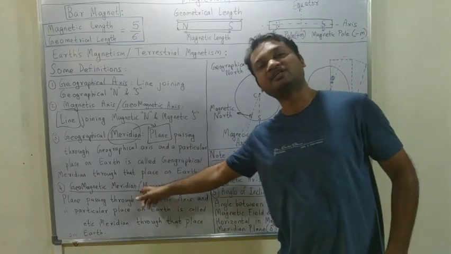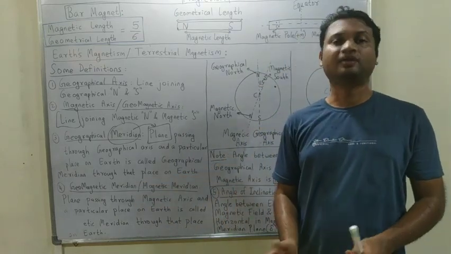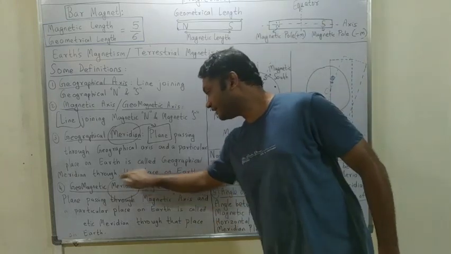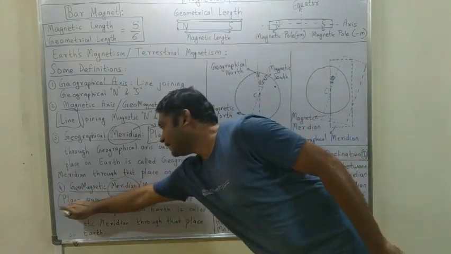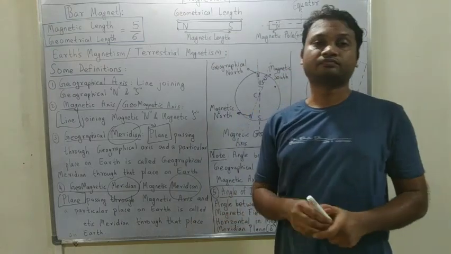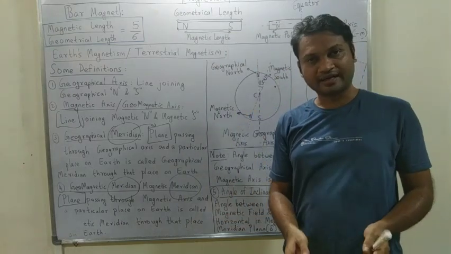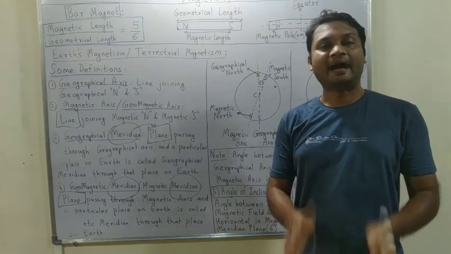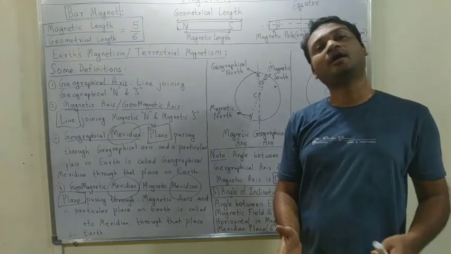Then coming to the next definition, magnetic meridian or geomagnetic meridian. Again, when we say meridian, it is a plane. Plane passing through a point on earth and magnetic axis is called magnetic meridian through that place on earth.